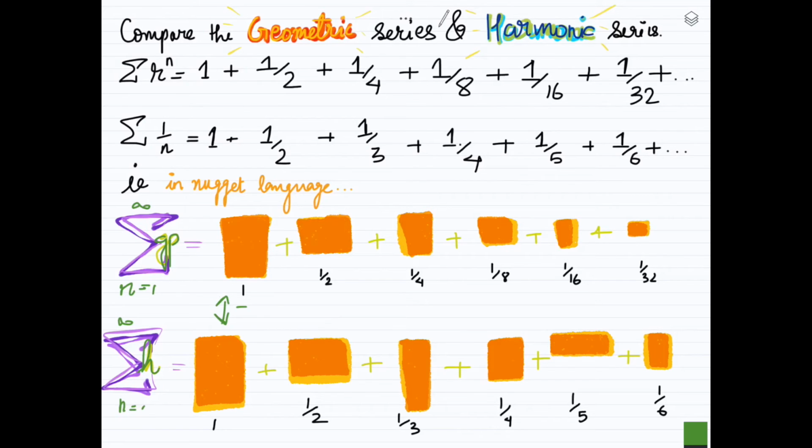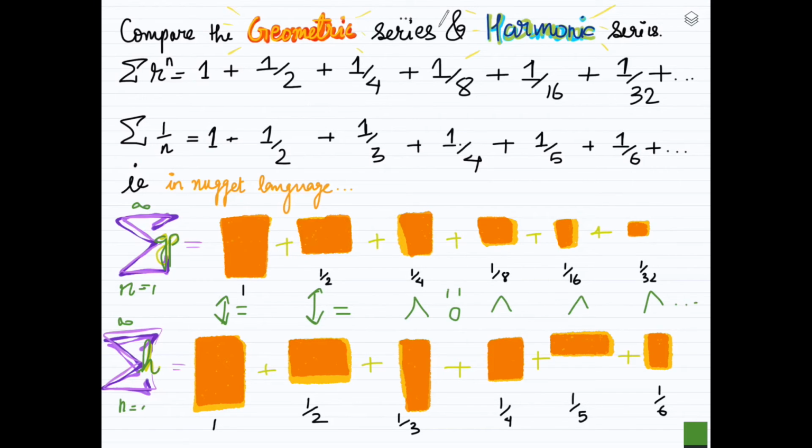But note what happens from the third bite. In the case of the harmonic series, you're having more of a nugget each time as compared to the geometric case, i.e. 1 by 3 is greater than 1 by 4, 1 by 4 is greater than 1 by 8, 1 by 5 is greater than 1 by 16th, and so on. I guess you can already sense that there's something fishy going on.